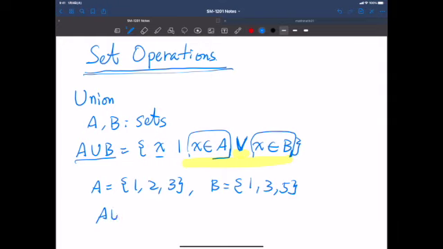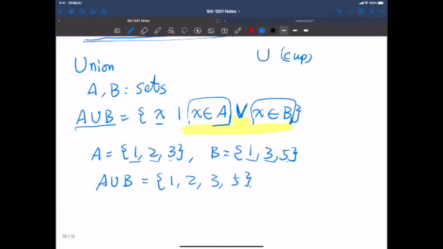Then A union B, or we say A cup B, because this looks like a cup, is 1, 2, 3, and 5. Let's check the definition here. 1 belongs to A and B, so it satisfies this proposition.